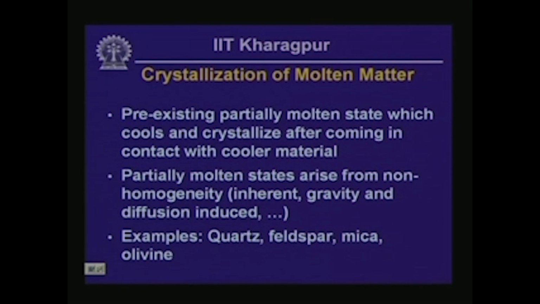Now, extrusion is not the only process, as we will see in one of the subsequent lessons of this series. There are other processes also that can cool the pre-existing partially molten magma, and another process that comes to mind is intrusion, and the rock that comes out of the process of intrusion is called granite.